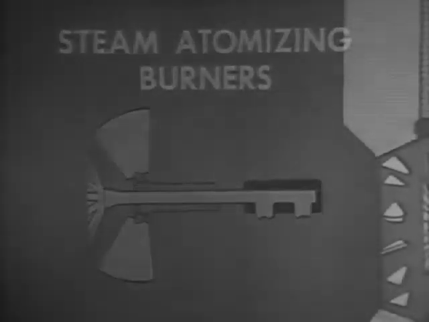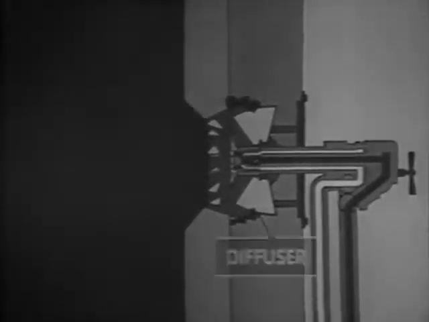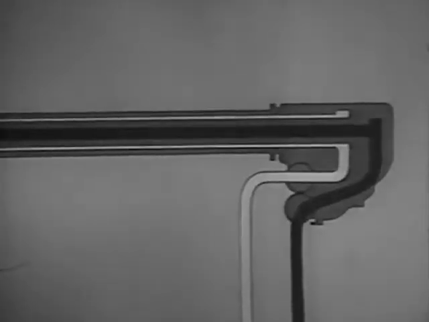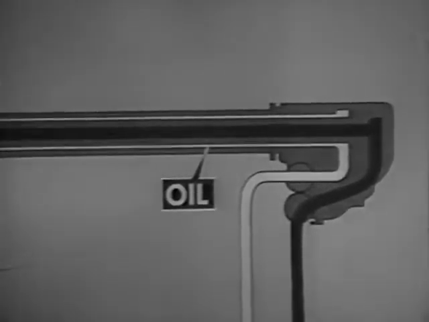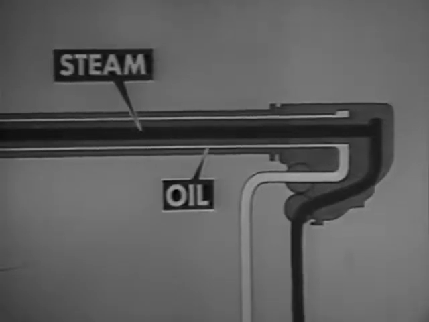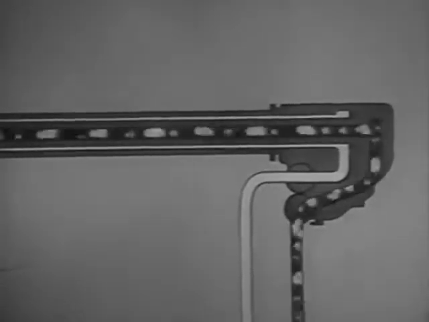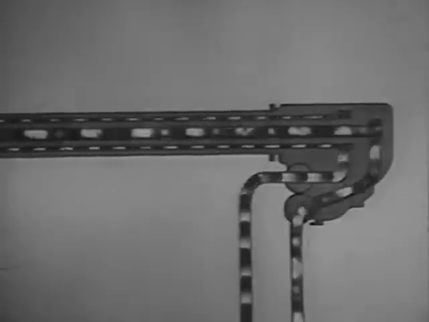The steam atomizing burner is similar in many respects to mechanical atomizing burners. It has an air register with diffuser, bladed cone, and air doors. However, the barrel of the burner has passages for both fuel oil and steam. High-pressure steam passes through the central passage in the burner barrel, while oil, under low pressure, passes along outer passages.